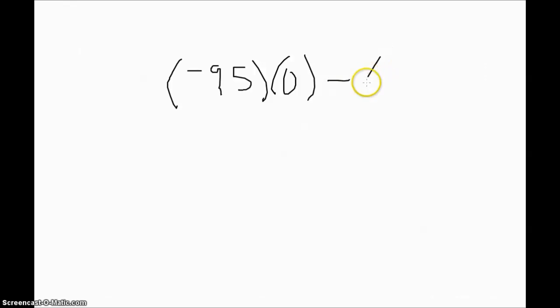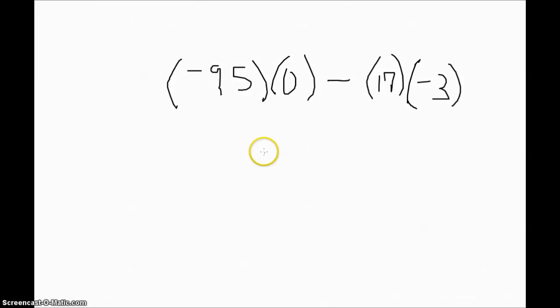And finally, we have negative 95 times 0 minus 17 times negative 3. Okay, so this first part's pretty simple.